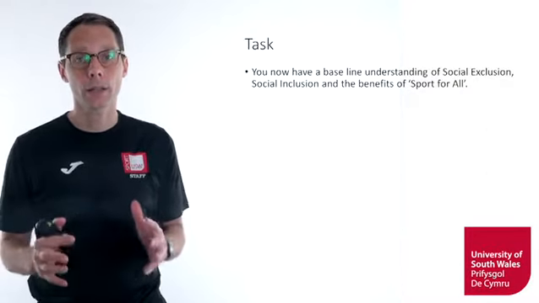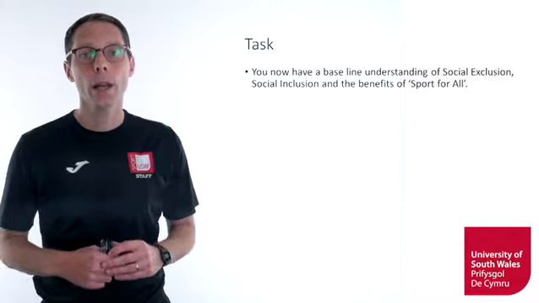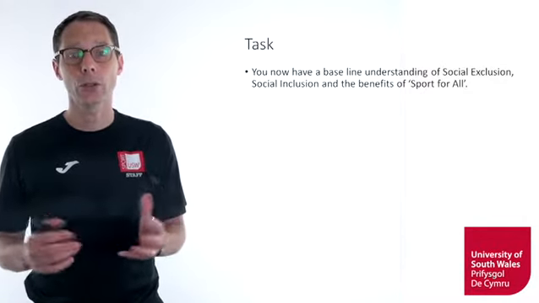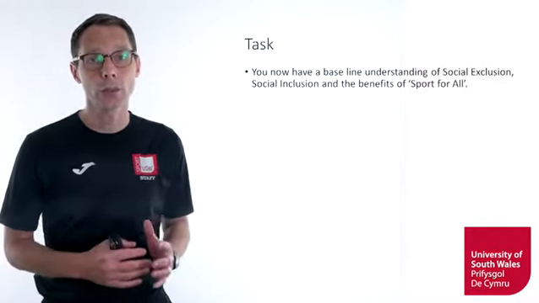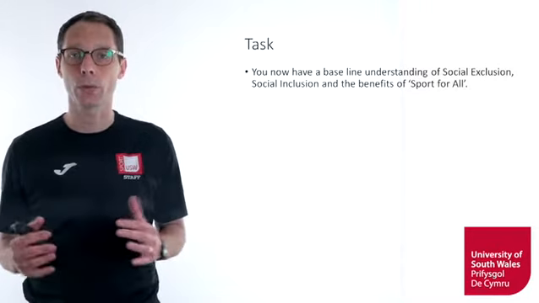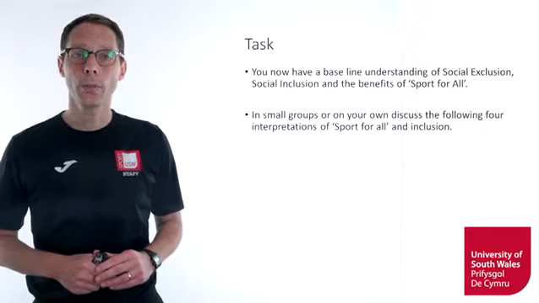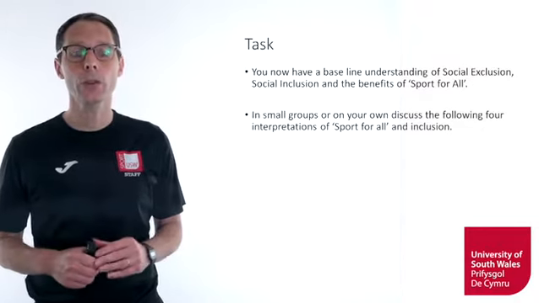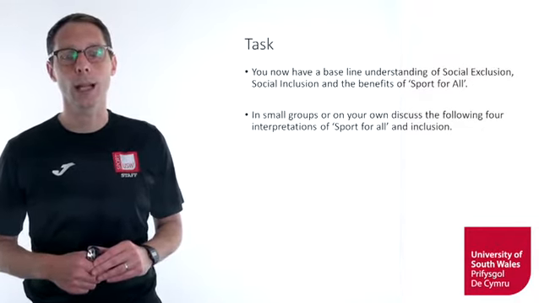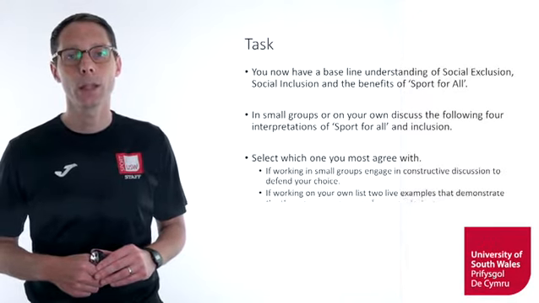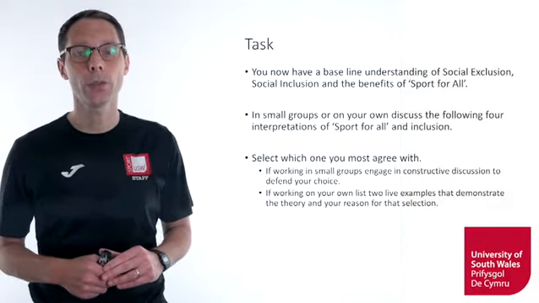Okay, another task for you now. You now have a baseline understanding of social exclusion, social inclusion, and the benefits of sport for all. In small groups or on your own, discuss the following four interpretations of sport for all and inclusion. Select which one you most agree with.